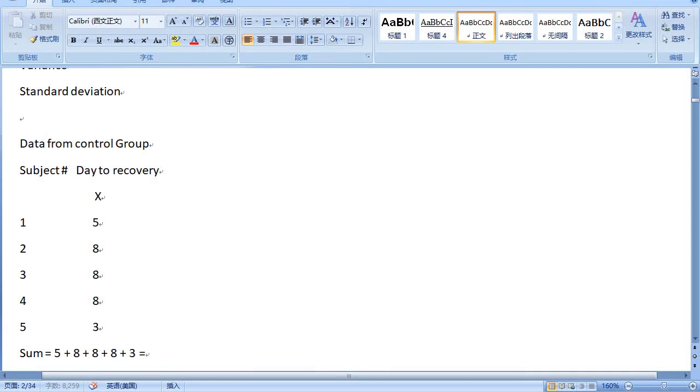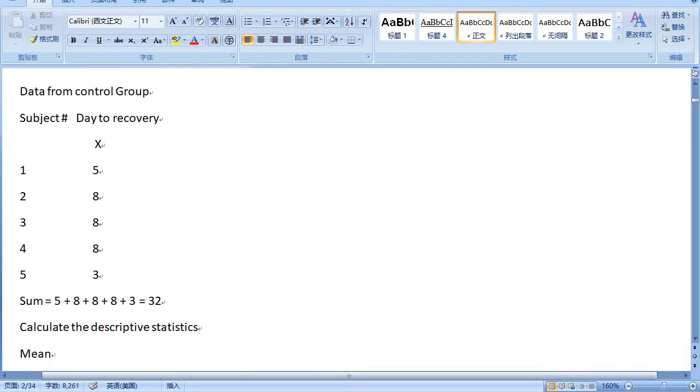Wow, let's see what the sum is. Seems to be, let's see, 32. 32 is the sum of this group. On average, let's calculate the average. The mean is, again, the sum divided by the number of people in the sample, which is 32 over 5.